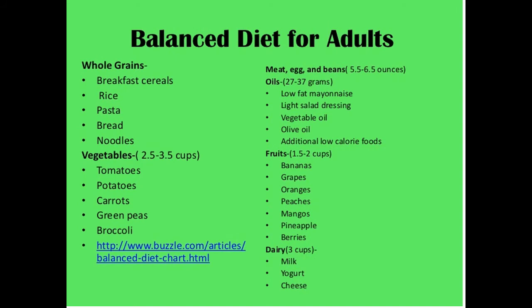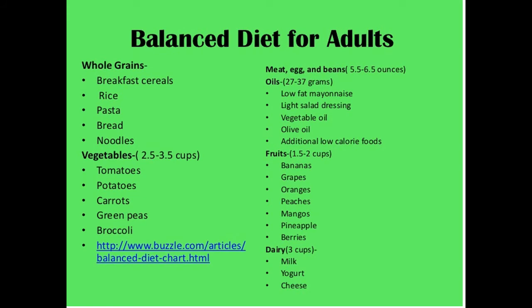Because to maintain the diet, it should contain less fat. If you take more fat, it will go into storage and lead to many clinical complications.